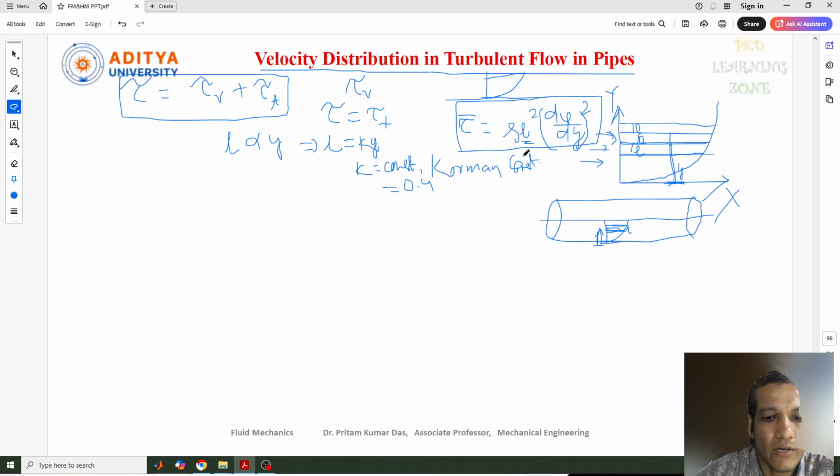So here I'll just write down this equation. Now see, tau bar, or we can write only tau, so there is no confusion.